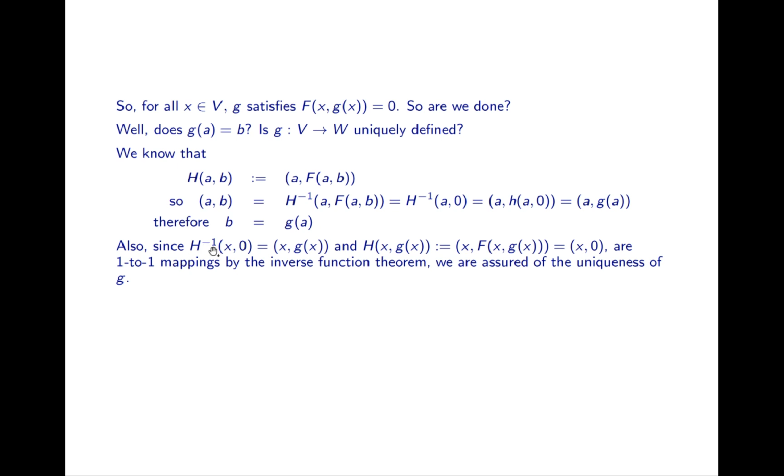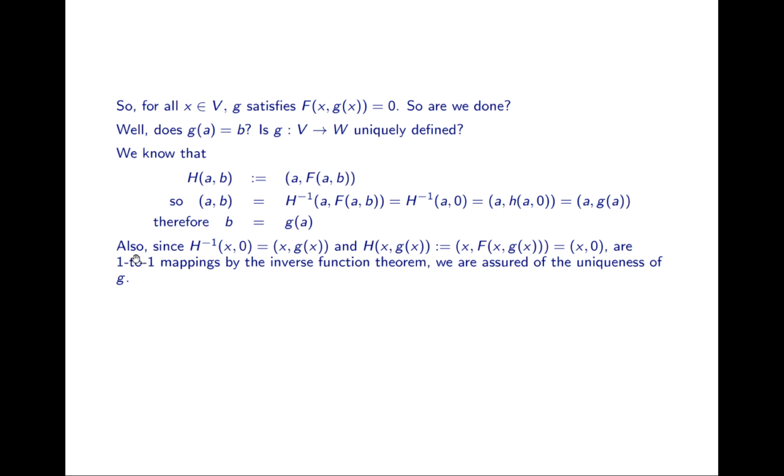Now, since H inverse is a uniquely defined inverse, and H inverse of (x, 0) equals (x, g(x)), then if I take H of both sides, I get H of (x, g(x)) equals (x, 0), but also H is (x, f(x, g(x))).